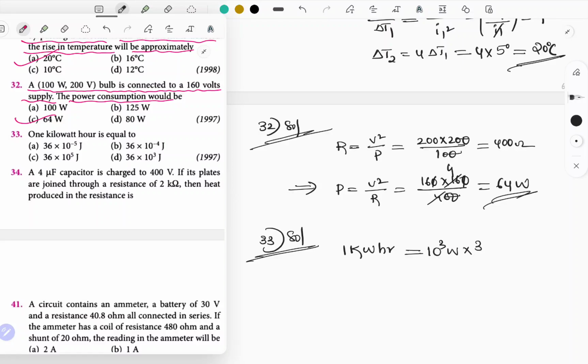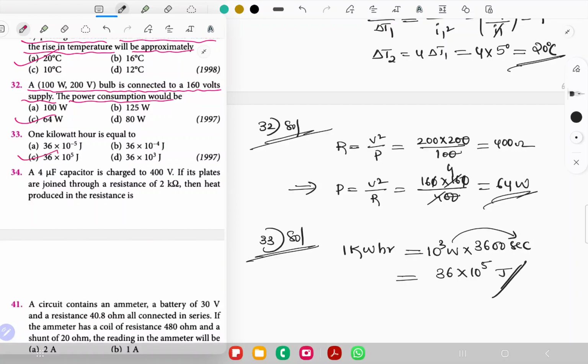Hour is 3600 seconds. Watt second is replaced with a joule. So finally it can be replaced as 3600 into 10 power 3 watt second, which can be replaced as 36 into 10 power 5 joules. Which option matches? Option C is the correct answer.